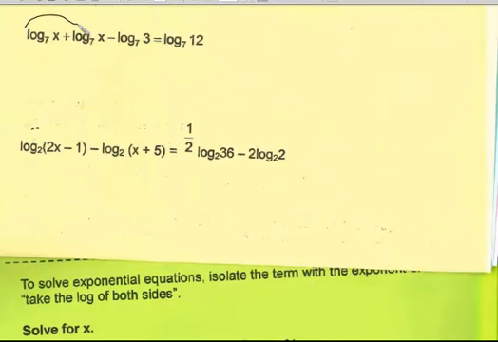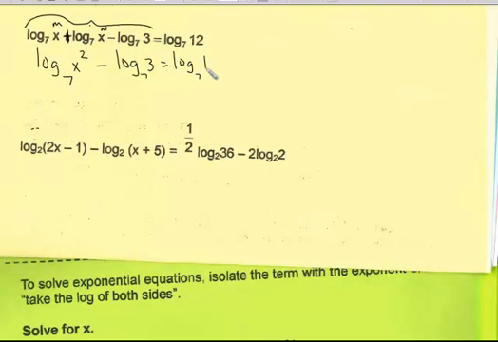Notice we have to condense the left-hand side of this problem. So from left to right, let's take care of the multiplication and division first. Reading from left to right, I have a plus sign right here. So I'm going to use the property that says I can multiply the m and the n together. Log base 7 of x squared, because x times x is x squared, minus log base 7 of 3 equals log base 7 of 12.